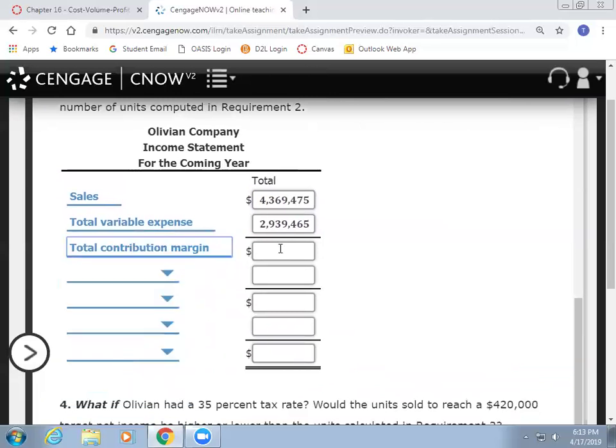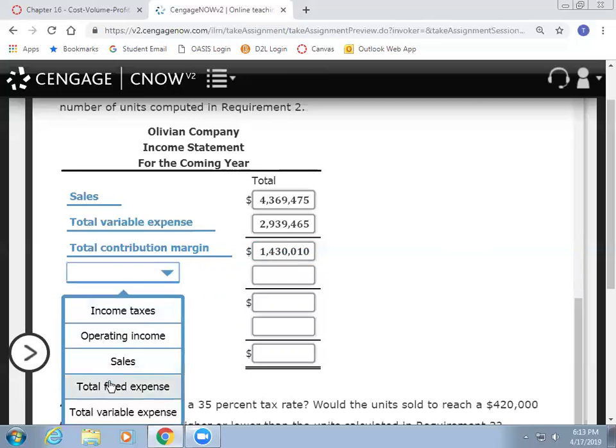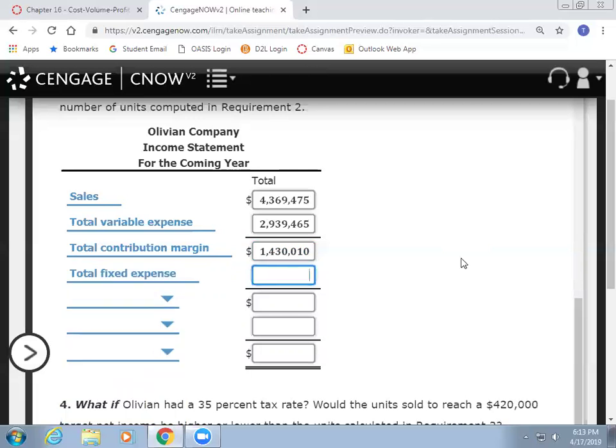And then we subtract to get our contribution margin, which is $1,430,010. Total fixed expense, well, we calculated that at $730,000.